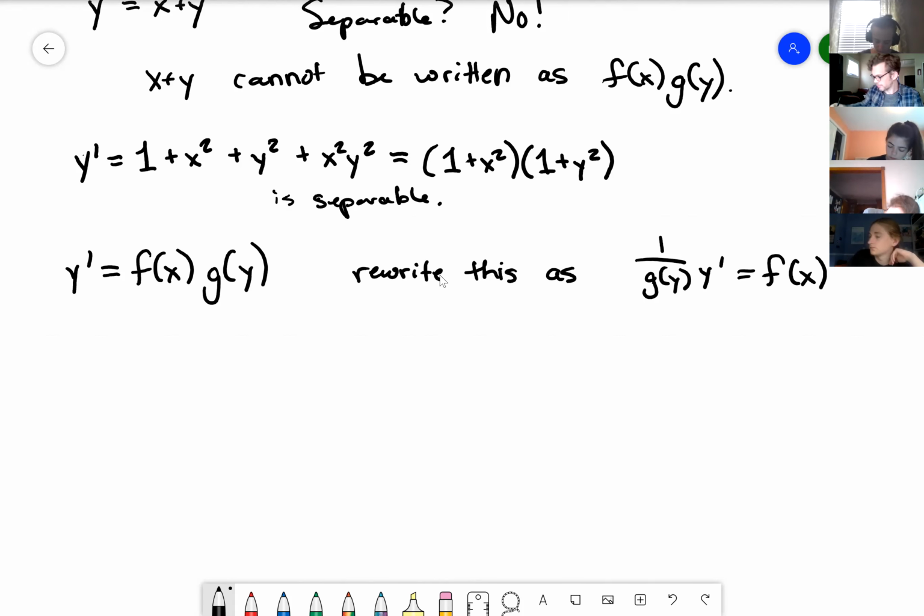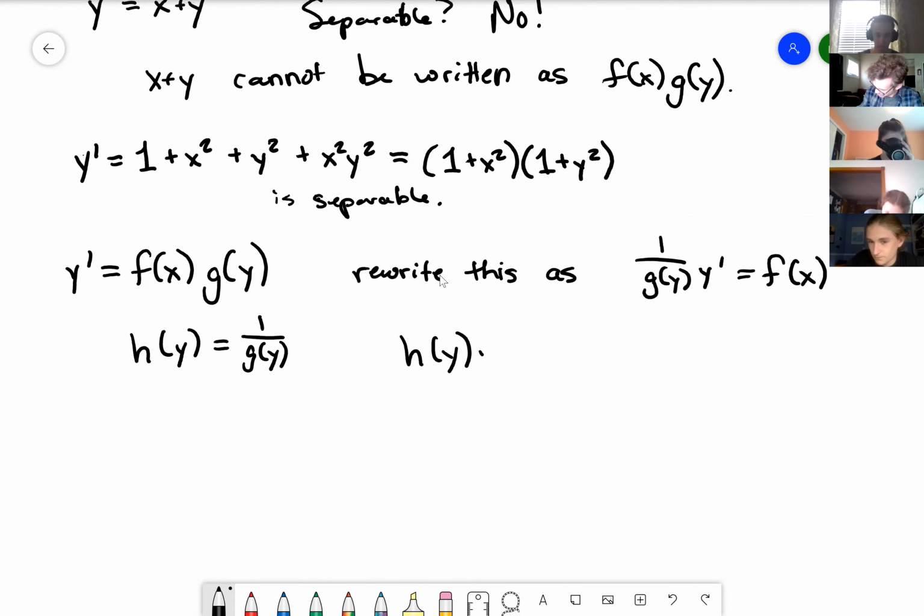So I'm going to introduce a new function, h of y is equal to 1 over g of y. And so now I can rewrite this as h of y times y prime is equal to f of x. This is just for our convenience. So we can think of this as a function of y.